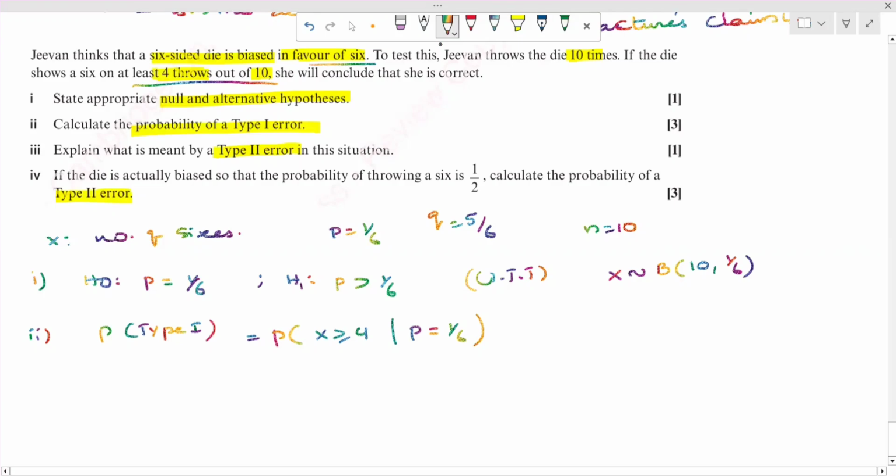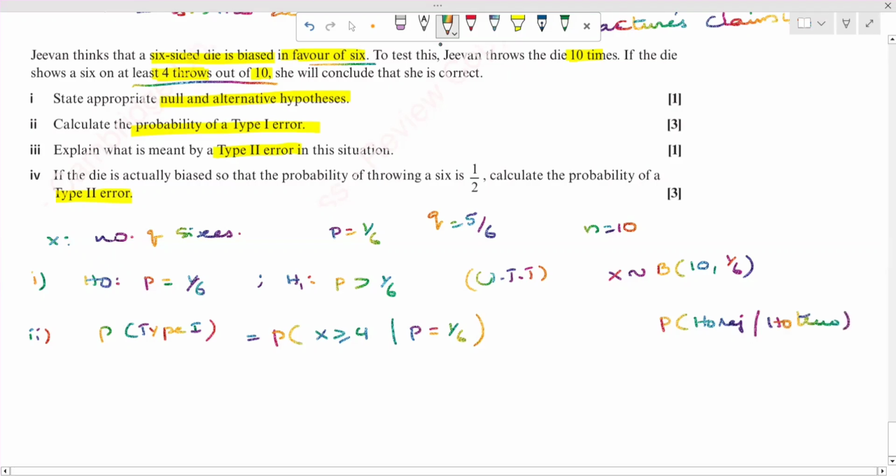Type 1 error states that a true statement is rejected. So H naught is rejected, but H naught is true. The type 1 error is H naught rejected, given that H naught is true. Here I will write H naught rejected given H naught is true.